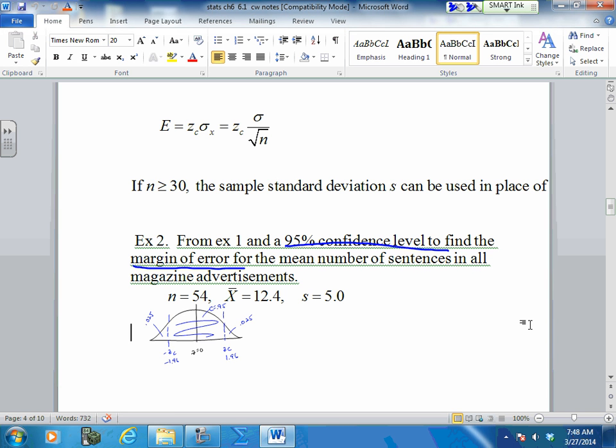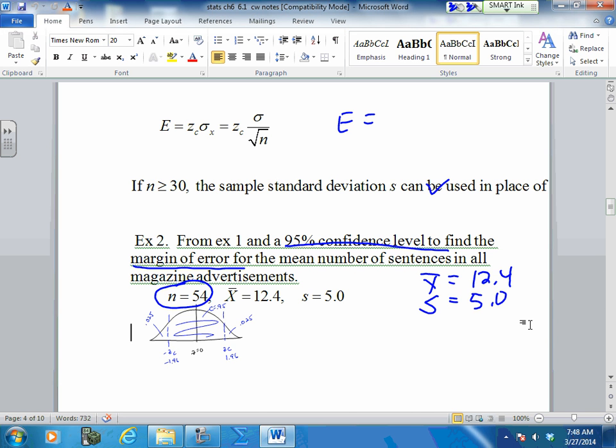Now remember, in example 1, they put everything into their L1, or they added them all up, divided by how many there are. And because our n is larger than 30, we can use your sample standard deviation. This came from example 1. So we want to build this formula.